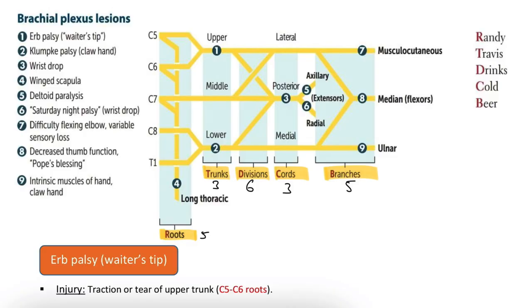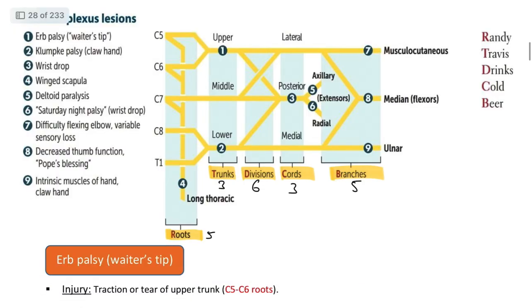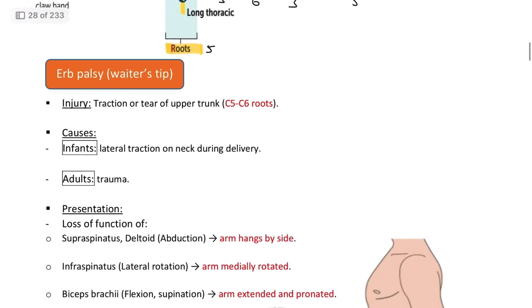Okay, so step by step we are going to discuss each pathological condition in brachial plexus lesions. First of all we are going to see Erb's Waiter's tip.